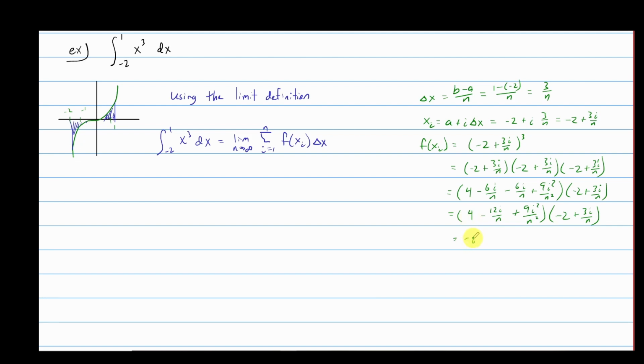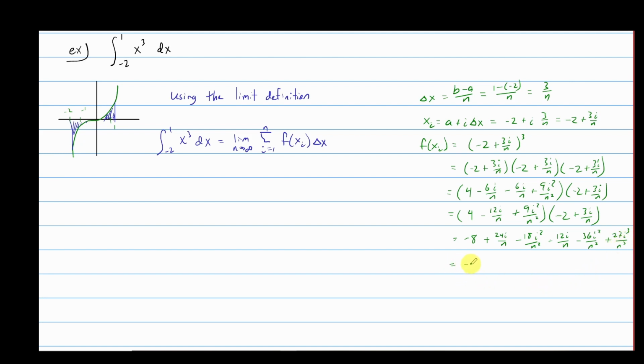So 4 times -2 is -8, plus 24i over n minus 18i squared over n squared. Now I take each of these terms and multiply it by 3i over n. So we have plus 12i over n minus 36i squared over n squared plus 27i cubed over n cubed.